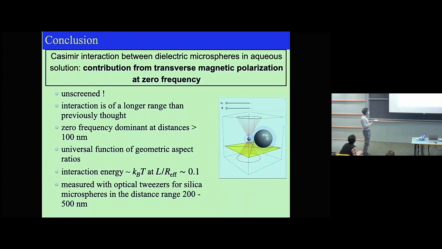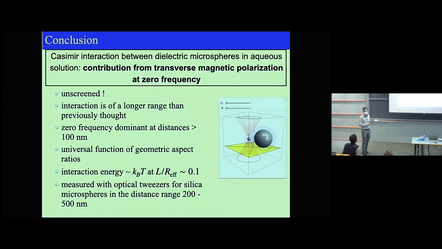So this function that we have for these two spheres doesn't depend on the dielectric properties of the spheres or on the dielectric property of pure water, and it's a universal function of just the geometric aspect ratios. To give an idea of how strong it is, it is of the order of kBT when the distance divided by the effective radius is 0.1.